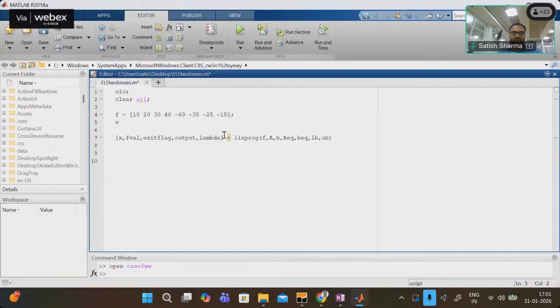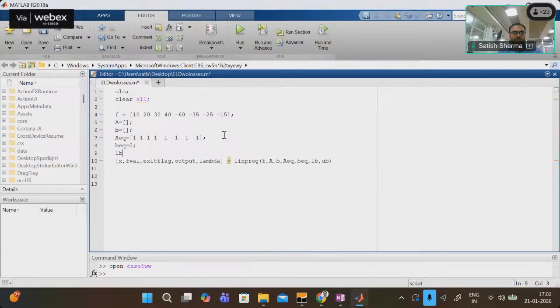Then we have capital A equals an empty matrix, B equals an empty matrix, and Aeq equals, we have defined it, 1 1 1 1 minus 1 minus 1 minus 1 and minus 1. So this is Aeq. beq was equal to 0. Okay, so this is what we have defined so far.